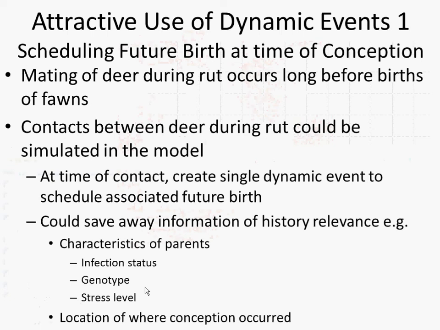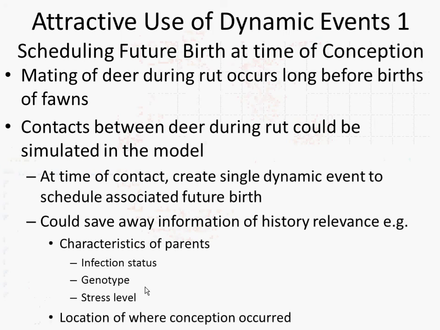We work with deer researchers for whom there are a number of types of information that are of interest. But the point is, we have to schedule at the time of mating this future birth of a fawn. As a result, we need to remember these characteristics for that time.